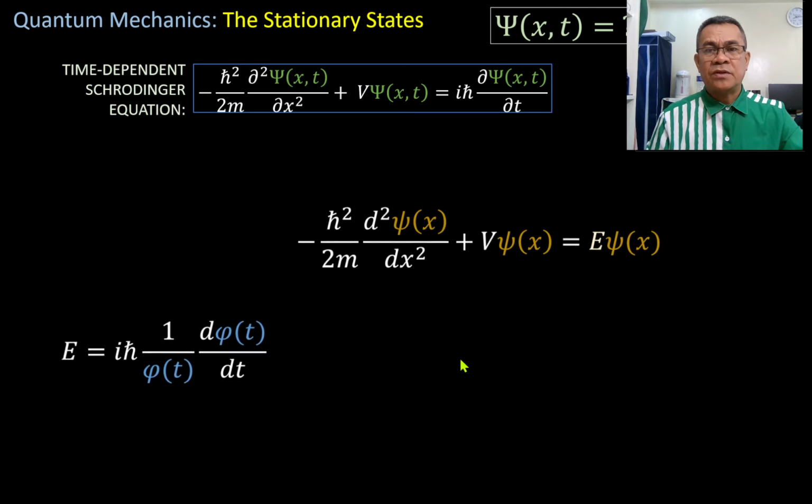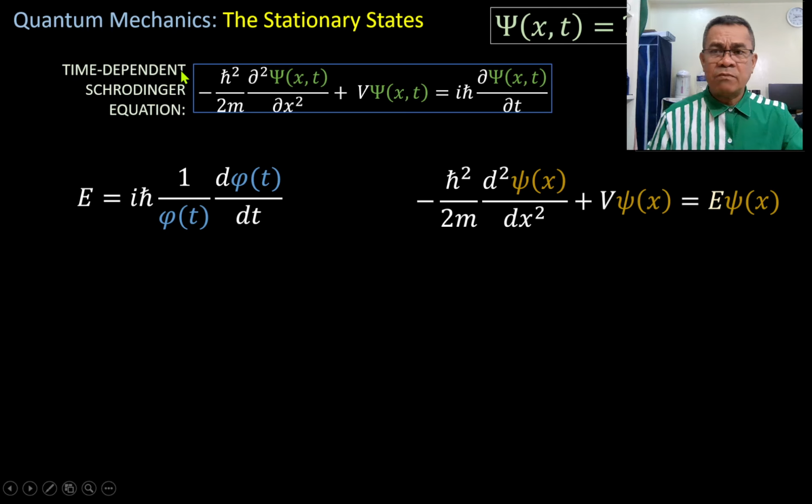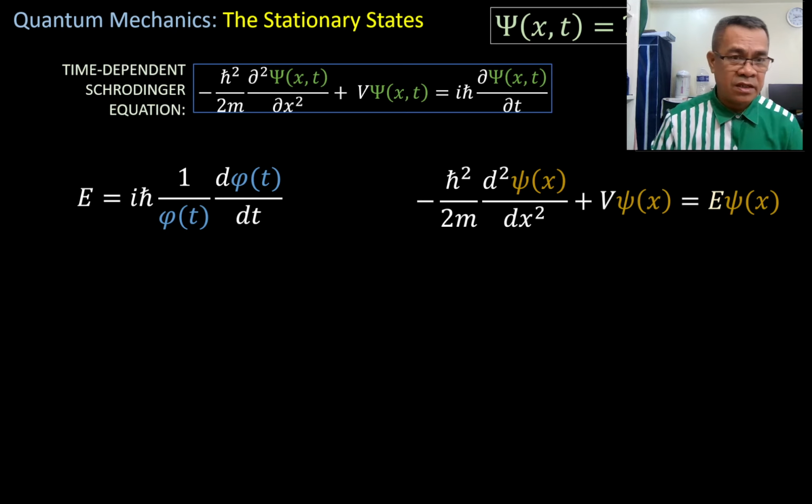So, this very complicated time-dependent Schrodinger equation, which is a function of position and time, is equivalent to these two differential equations. But take note, this is only for a system having the ability to come up with stationary states. Otherwise, we cannot use this.